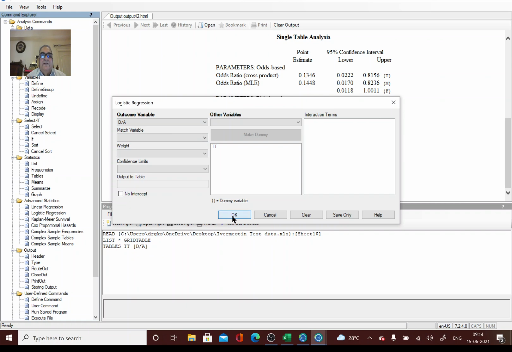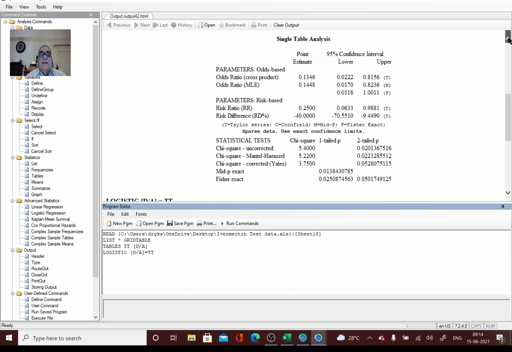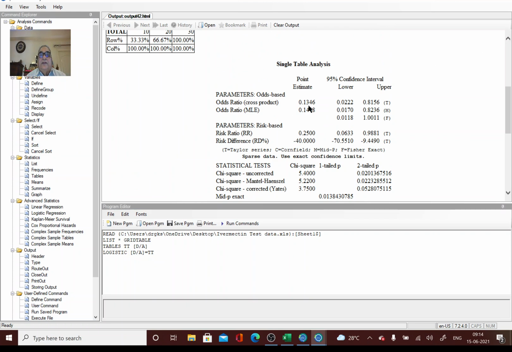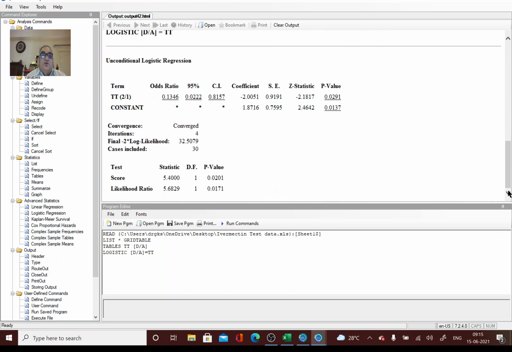Okay, and when we say this, we get an odds ratio of 0.13 and a 95% confidence of 0.02 to 0.81. It is exactly the same that you saw with the 2 by 2 table. So that means both our estimates of crude odds ratios are correct.